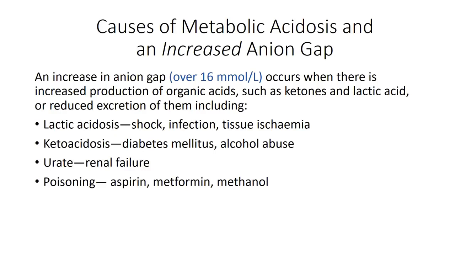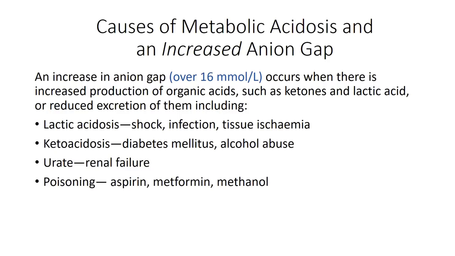Where there is a metabolic acidosis and an increased anion gap, this is usually where there's an increased production of organic acids in the body, such as ketones or lactic acid, or a reduced excretion of ketones or lactic acid.